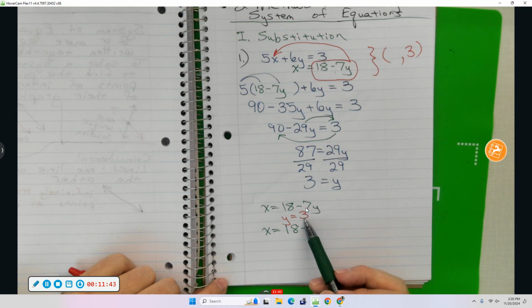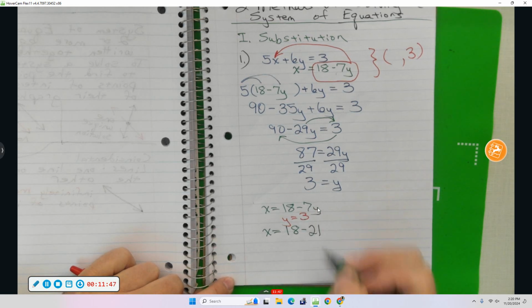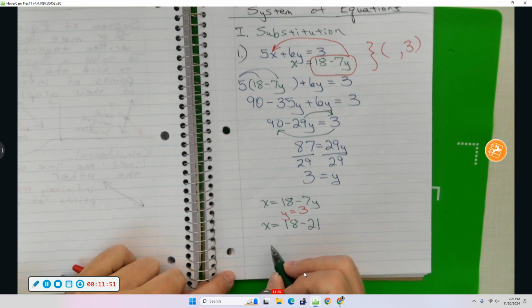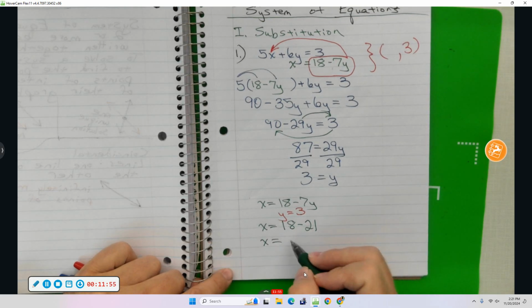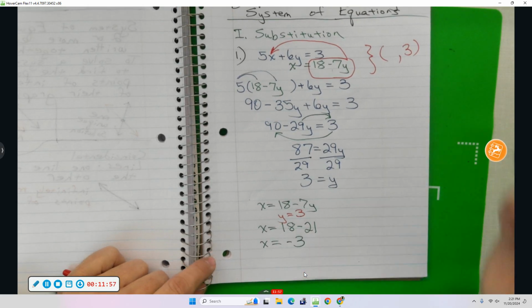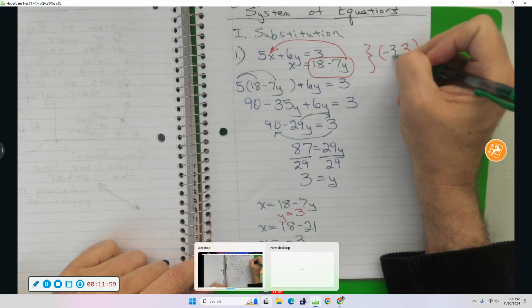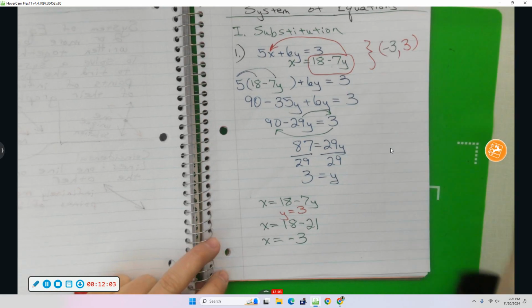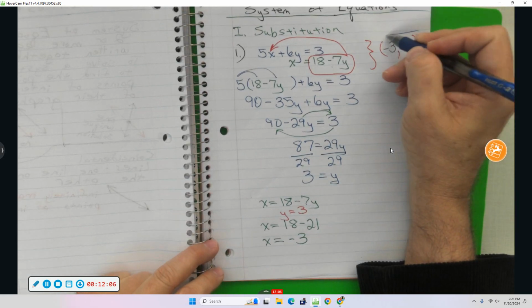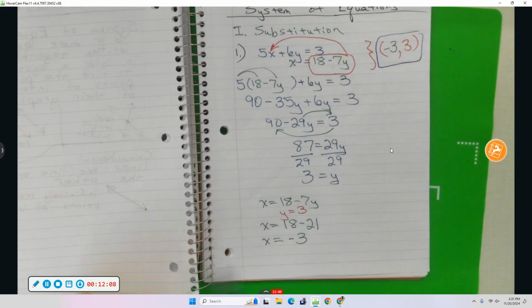I'm replacing the y with 3. 7 times 3 gives me 21. So what's the x value of this ordered pair going to be? 18 minus 21, I agree with negative 3. That means these two lines intersect at the unique point of negative 3, 3.